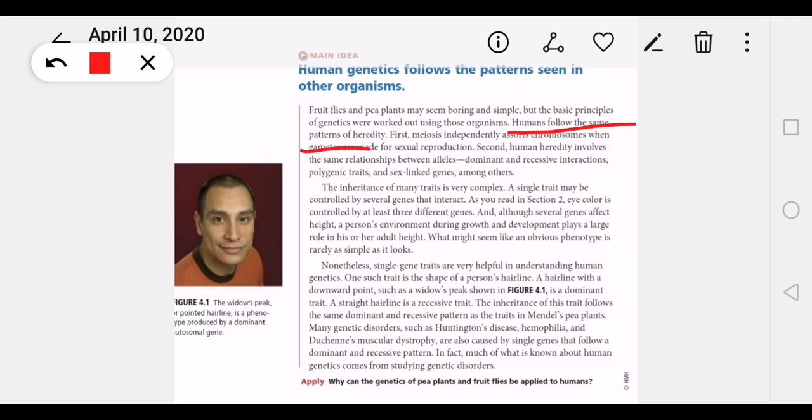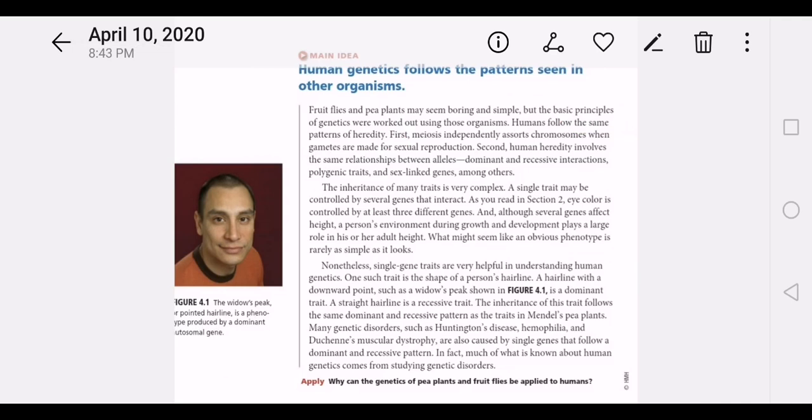How does this happen? First, as humans, we have meiosis, and meiosis independently assorts chromosomes when gametes are made for sexual reproduction. You remember that a human has 46 chromosomes, right? And we have 23 pairs of chromosomes, in other words, we have 2 copies of each chromosome.